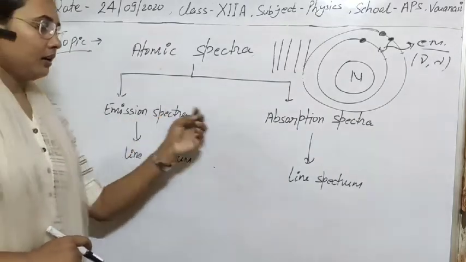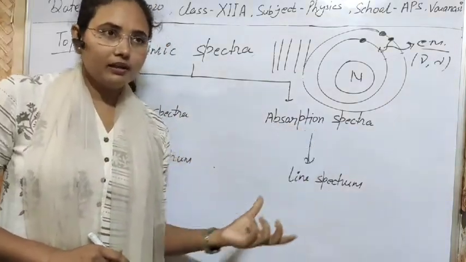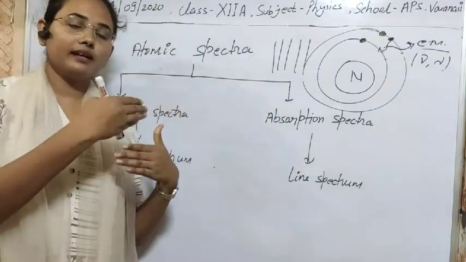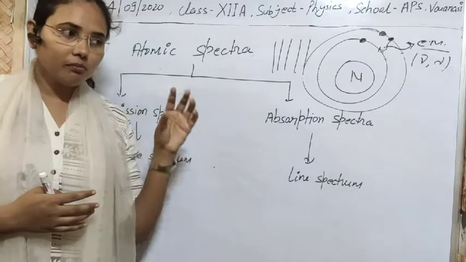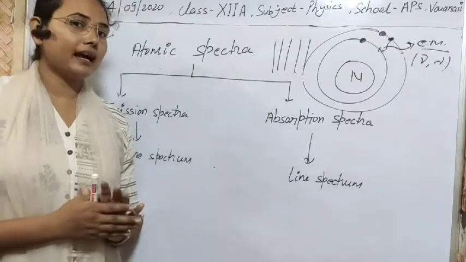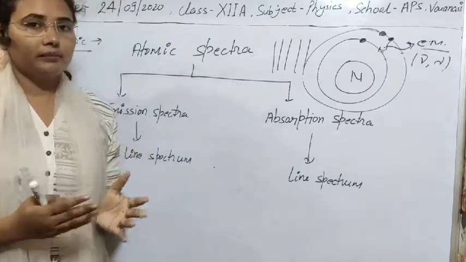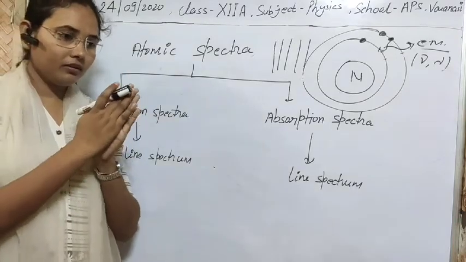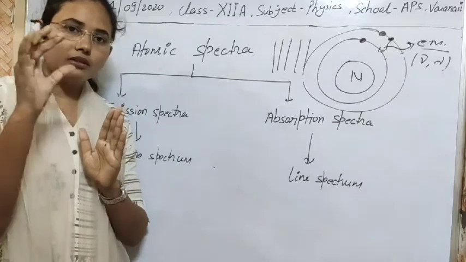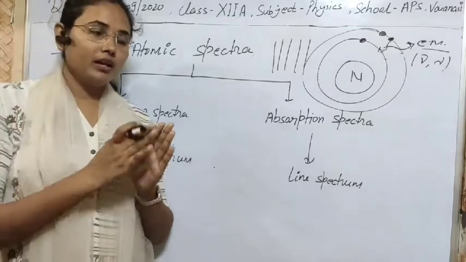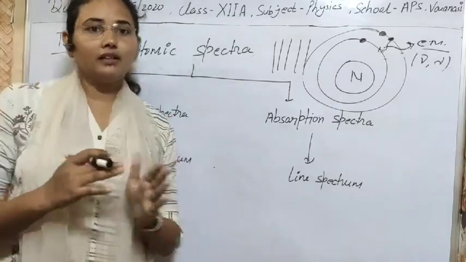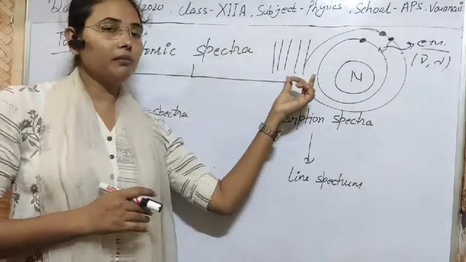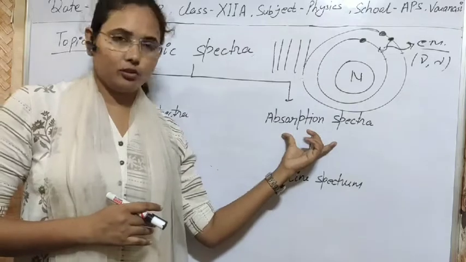Absorption spectra is obtained when radiation passes through air or vapor, and some of the wavelengths are absorbed by the gas or vapor. If we put those absorbed wavelengths or frequencies in increasing or decreasing order, then again we get an arrangement of this form, and that is called absorption spectra.